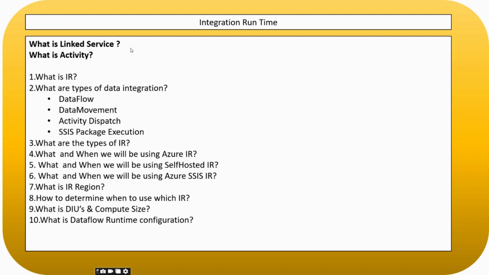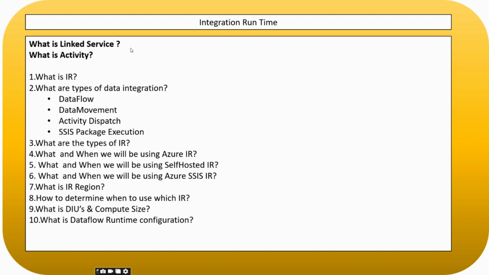Just connecting to the source is not enough. After you connect, you need to bring the data, then do a transformation on top of the data, and once the transformation is complete, push it into the destination store. For these setups, IR acts as a bridge between the linked service and the activity.